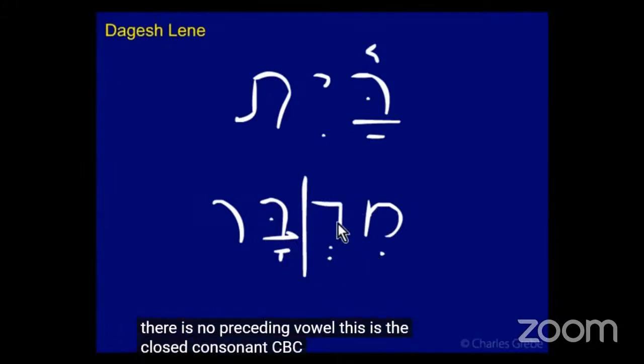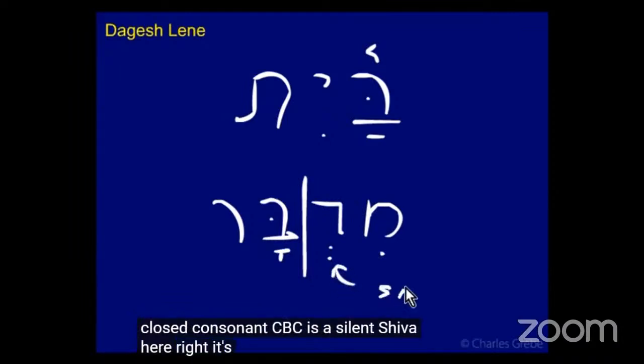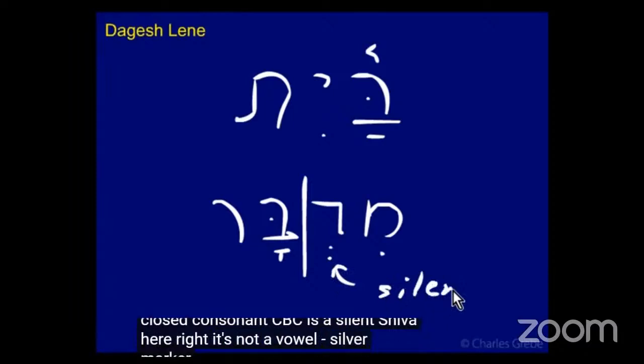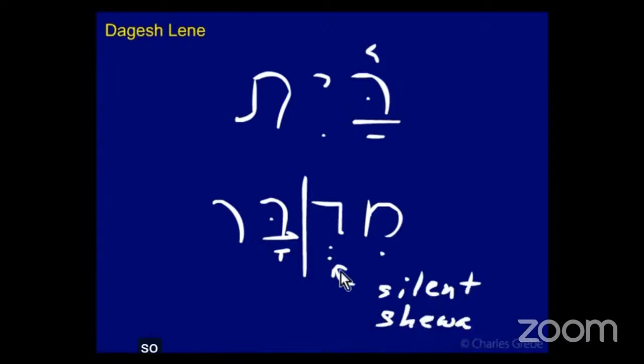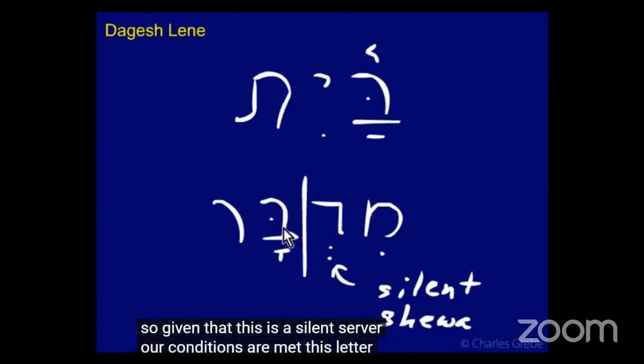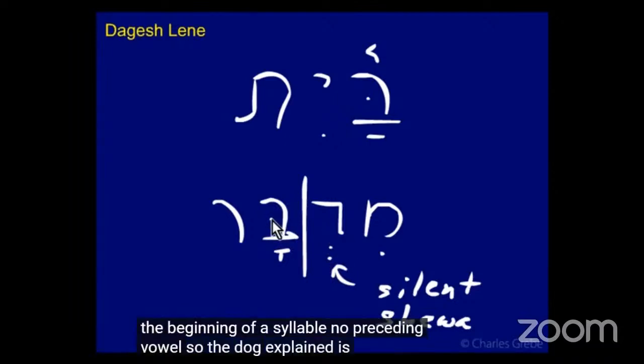This is the closed syllable, CVC. There's a silent shva here, right? It's not a vowel. It's a syllable marker. Given that this is a silent shva, our conditions are met. This letter is the beginning of a syllable, no preceding vowel. So the dagesh lene is there.